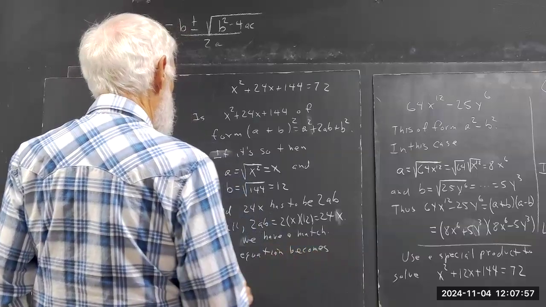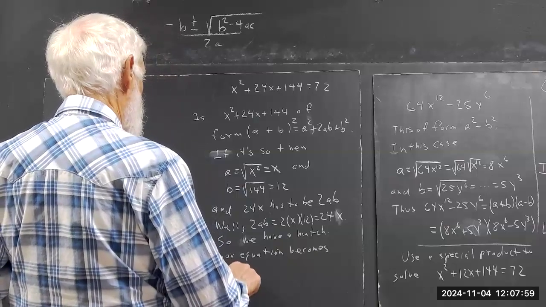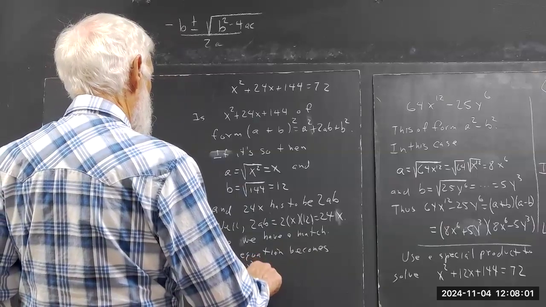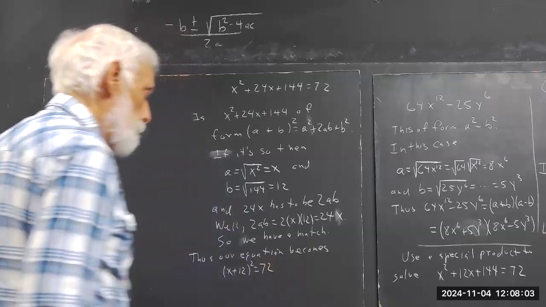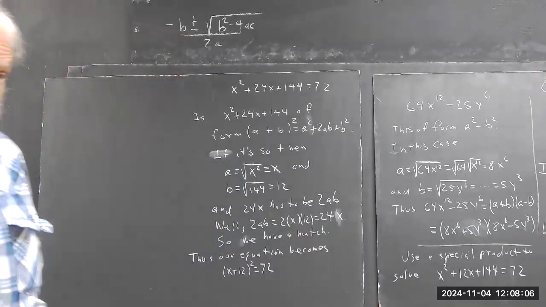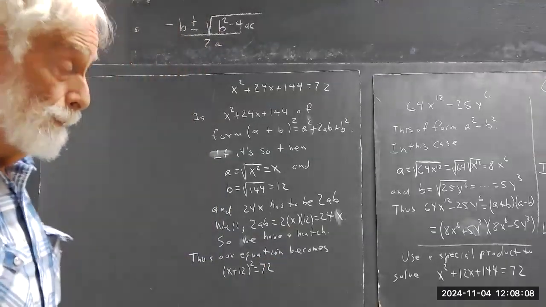Thus, our equation becomes x plus 12 squared equals 72. Okay.